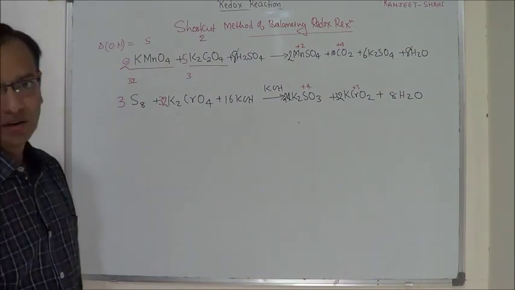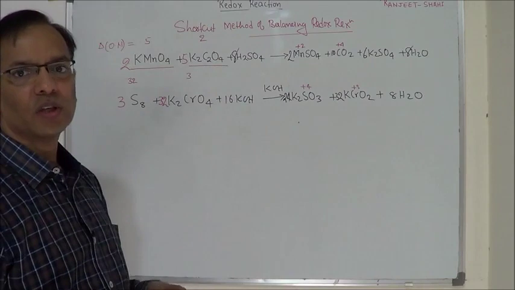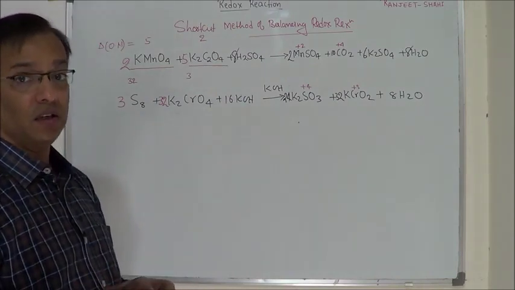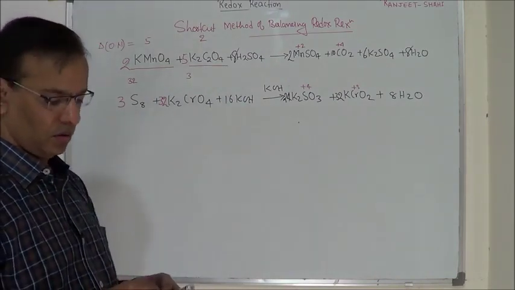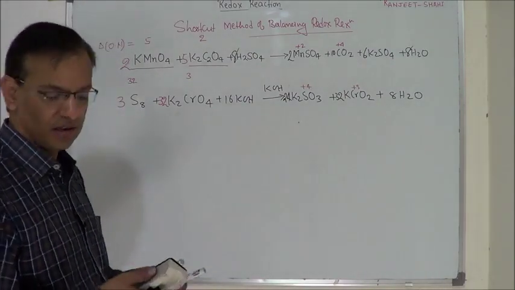The question is, can this shortcut method be used to balance the disproportionation reaction? The answer is yes. It can be used. Let us balance the disproportionation reaction using this shortcut method.